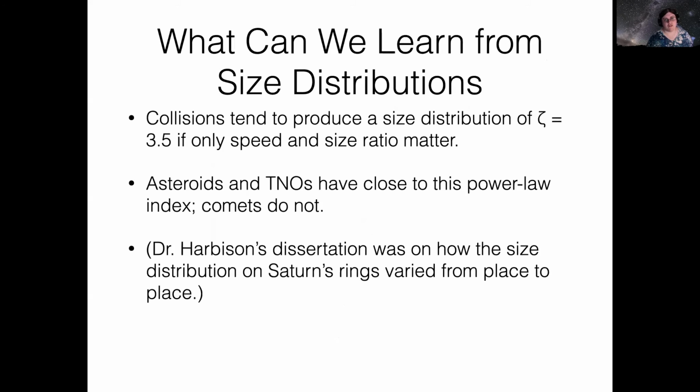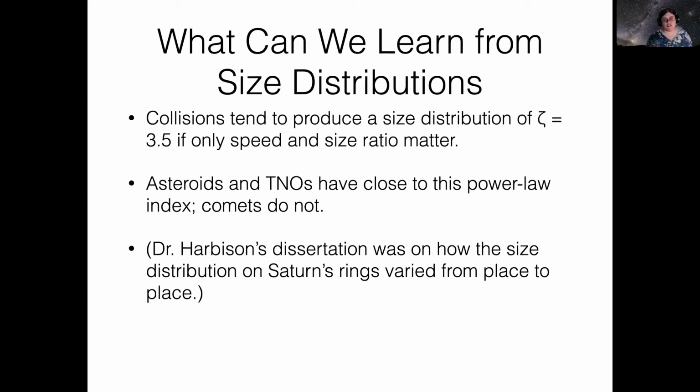Now what can we learn from this? Well, collisions tend to produce a size distribution that's about -3.5. And that's if only the object speed and the object size ratio matter. So if you have a population whose size distribution only depends on collisions, you would expect to measure a power law of -3.5. If you measure something different, that indicates other stuff is going on.